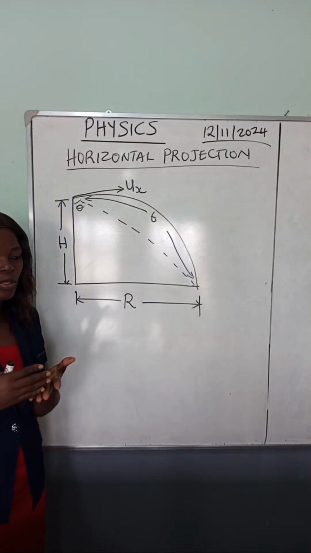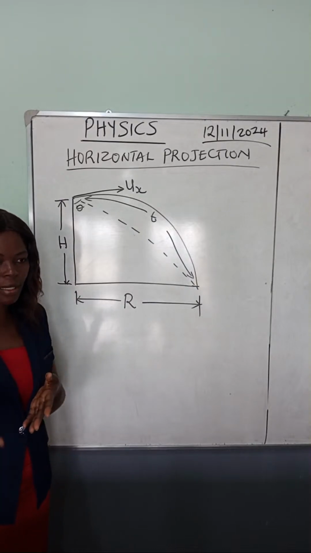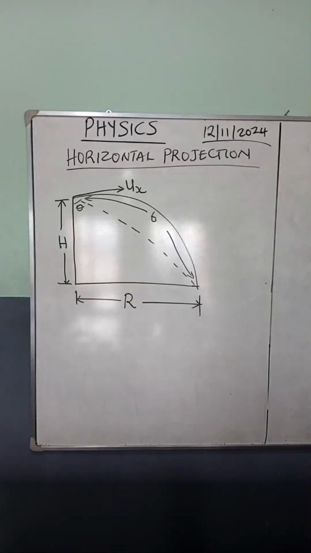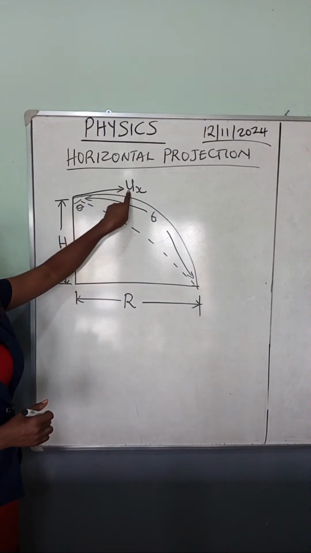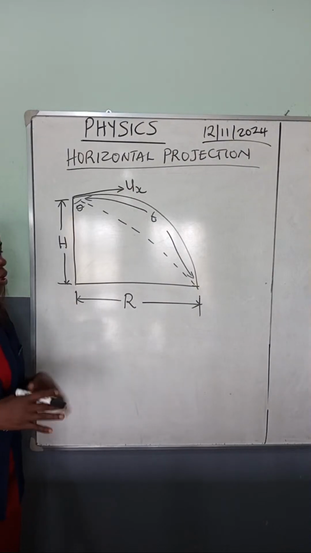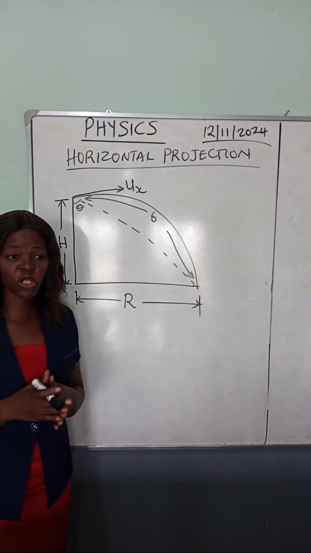Let me say a height of a building, height of a tower, anything that has a height. Alright, then this ux means horizontal velocity.